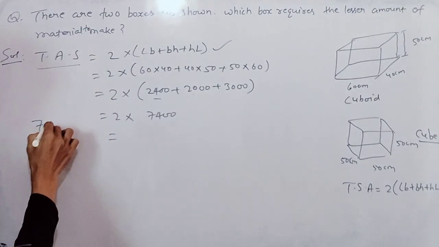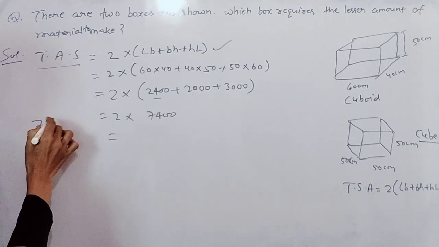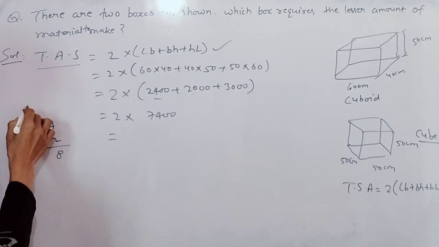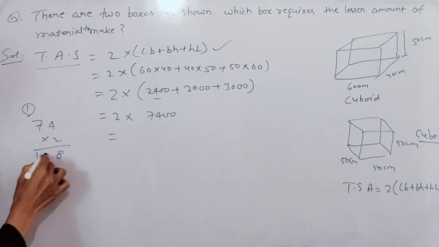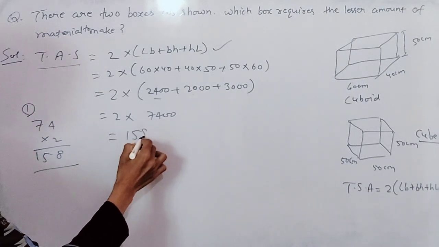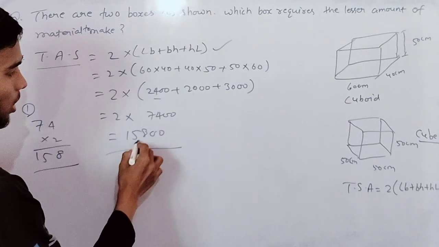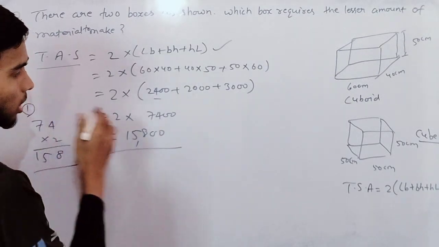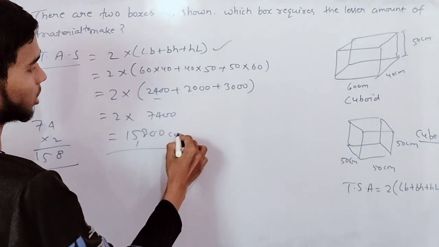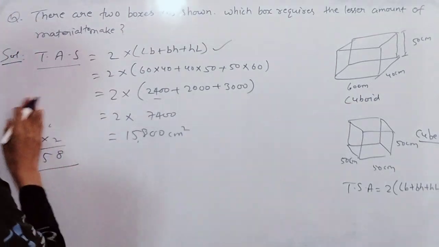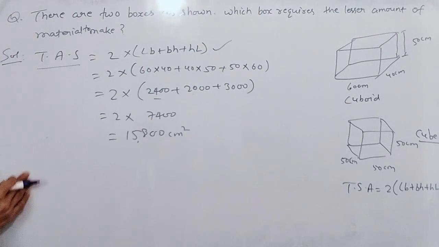Now 24 multiplied by 2, 4 2s are 8, 7 2s are 14, 15. Here we are getting 15,800 centimeter square. It is the total surface of the cuboid.